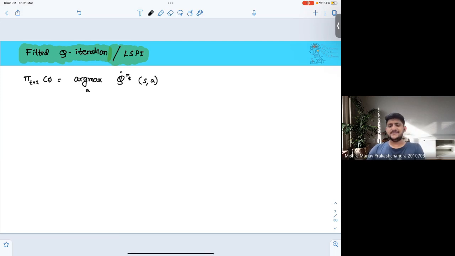But my q pi, if I look at the linear parameterized form, my pi of t plus 1 is simply argmax of phi times theta hat pi t, right? This is how it looks.